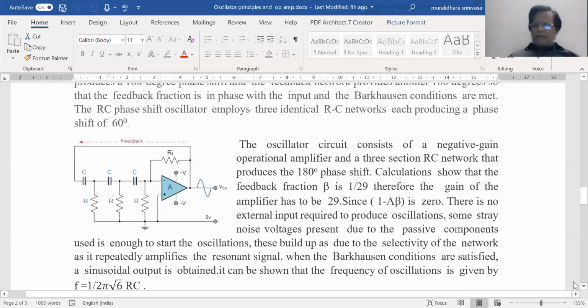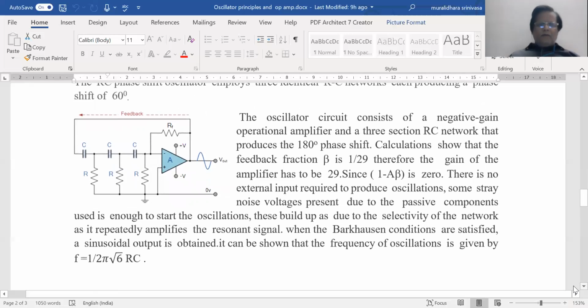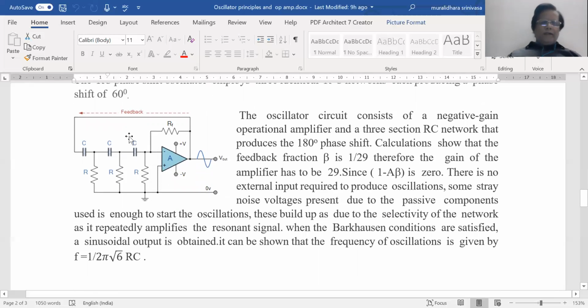Since there is no external input to produce oscillations, what happens usually is once you build a circuit and you switch on the power supply, some stray currents will flow through these components, and they set up a noise voltage. This noise voltage gets amplified by the amplifier.